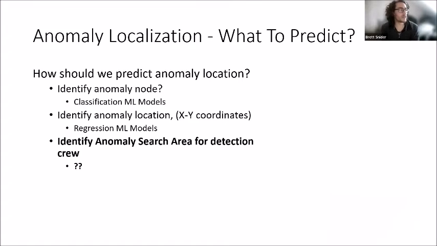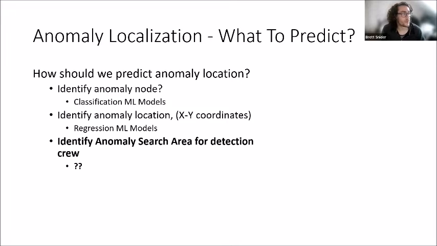So when developing an anomaly localization model, and this is for any of these tools being implemented with the digital transition, you need to think about how it's going to be used by the utility and especially the end user.